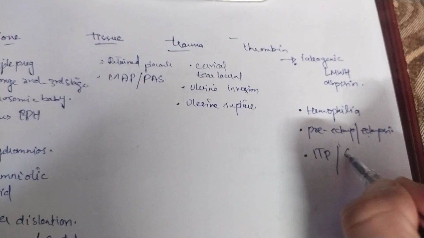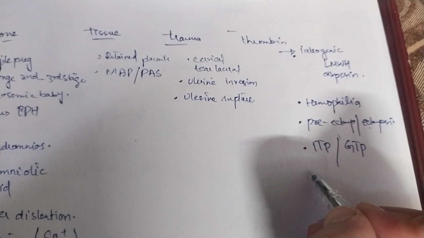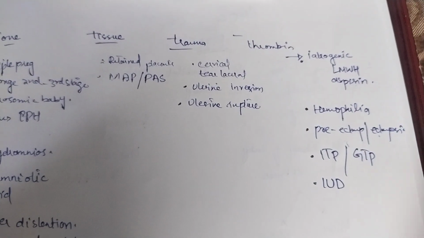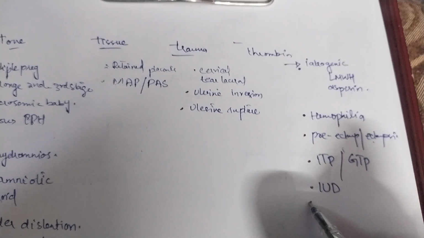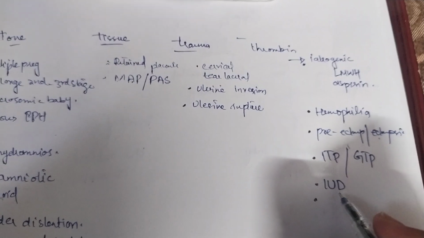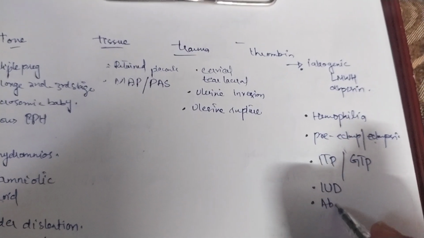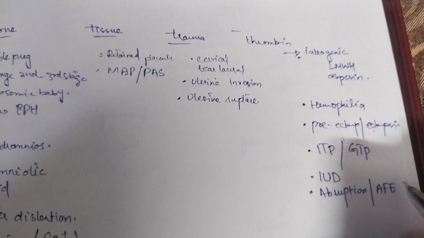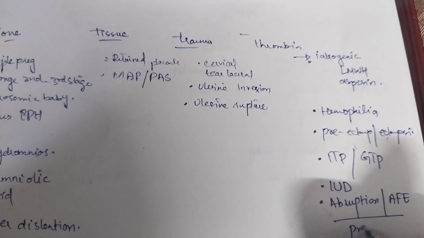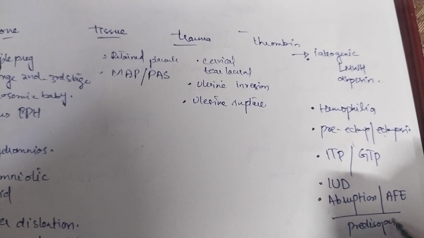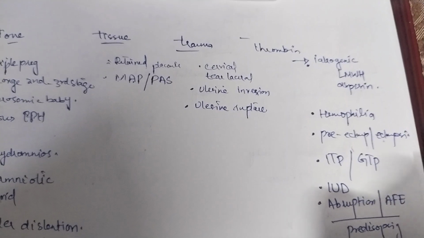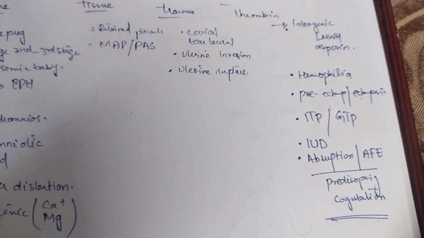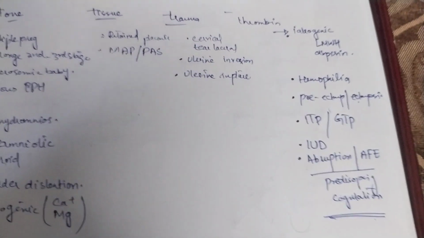ITP or TTP can also cause PPH. If the baby is IUD, intrauterine demise, it can also lead to PPH. Abruption and amniotic fluid embolism, these two conditions are predisposing for coagulation profile derangement. Okay, so these two also cause PPH.